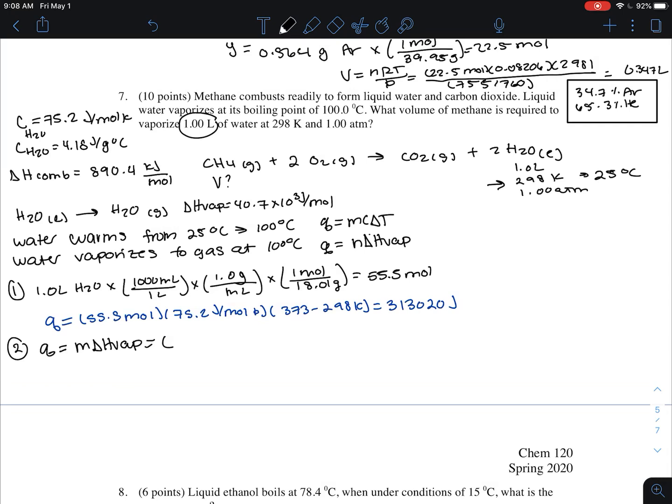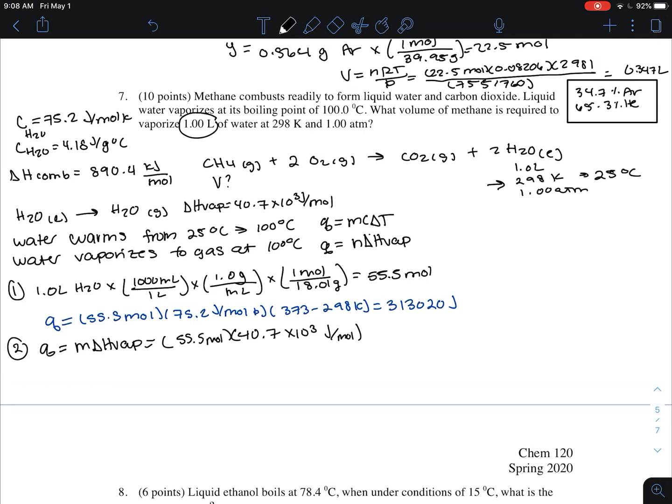So the Q is equal to the mass times the heat of vaporization, or moles. So the mass is 1,000 grams times 40.7 times 10 to the third joules per mole. I just realized I can't use that.